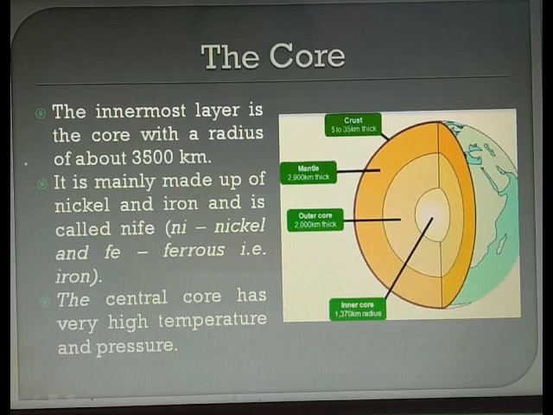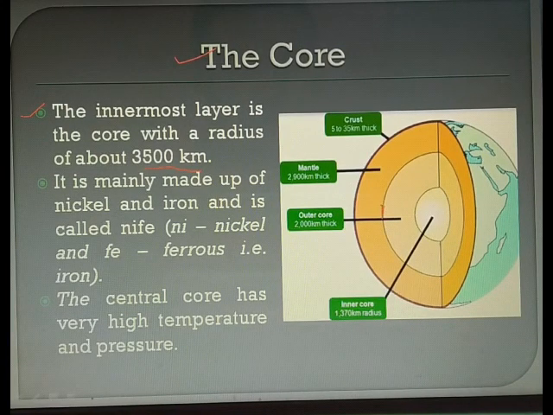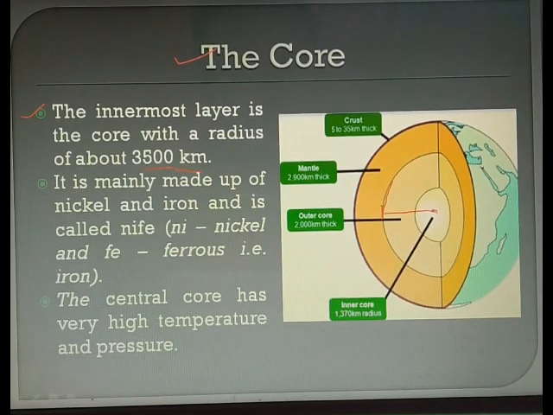Now let's come to the innermost layer, that is the core. The innermost layer is the core with a radius of about 3,500 km. It starts from here, up to the innermost part, almost the center of the earth.